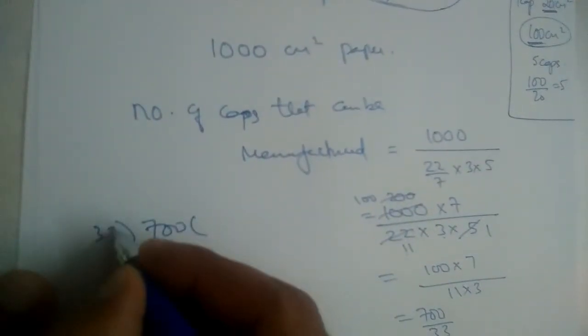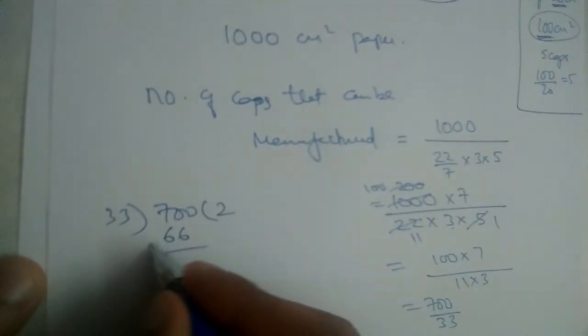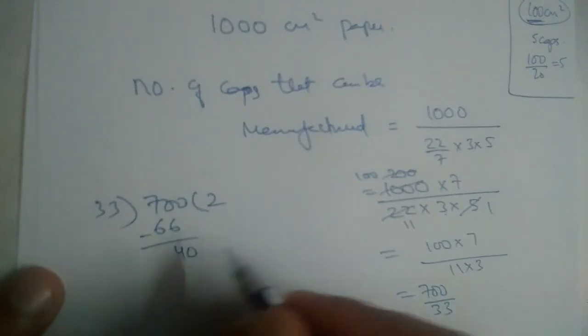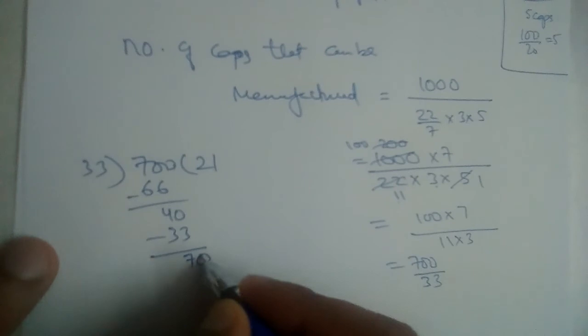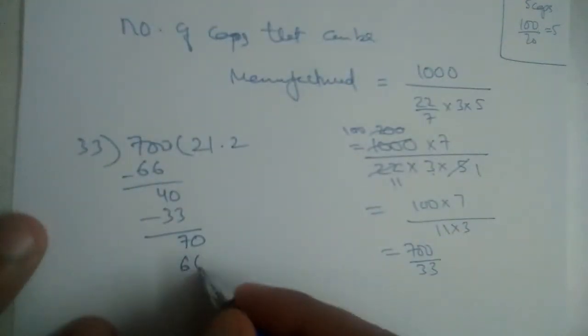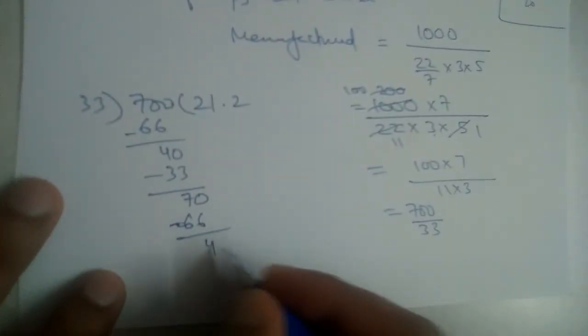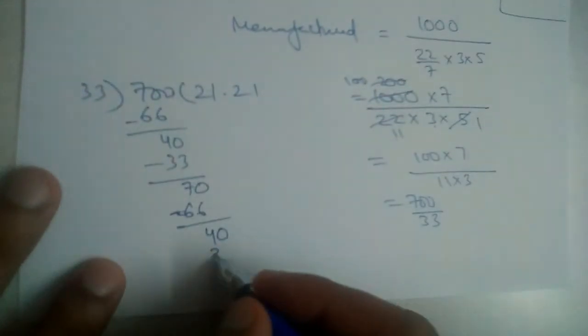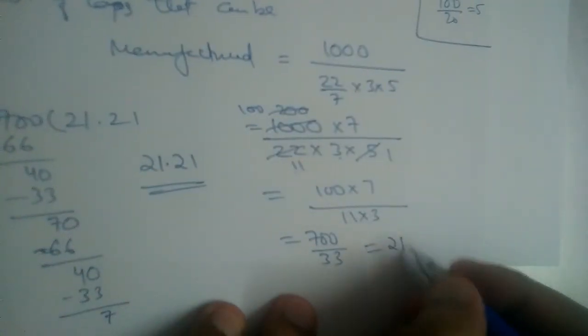Let us divide now. 700 divided by 33. 33 twos will give us 66, and if we subtract we'll have 4, and this 0 will come here. 1s are 33, we'll have 7, point and 0 here, and then 2s are 66, and if we subtract we'll have 4 here again, and 1s are 33 and 7. So this is 21.21.